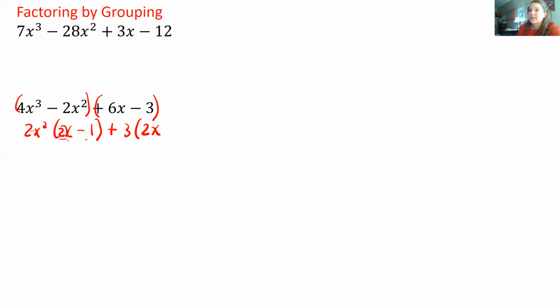So I caught my mistake right there. But anyway, 6x divided by 3 is 2x, and negative 3 divided by 3 is negative 1. So now our parentheses match. So one of our factors is 2x minus 1, and then we put the other numbers together that are outside the parentheses. And there's our final answer.